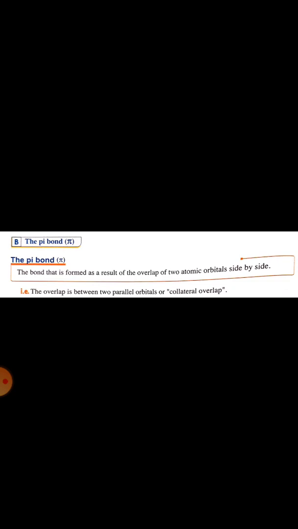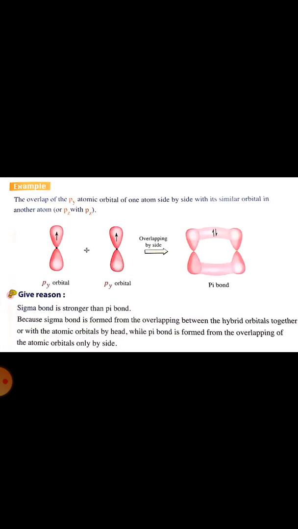While what about the pi bond? It is the bond that's formed as a result of the overlapping of 2 atomic orbitals side to side, parallel, collaterally. So look here, we have a p orbital and another one. Side to side, we can get a pi bond.